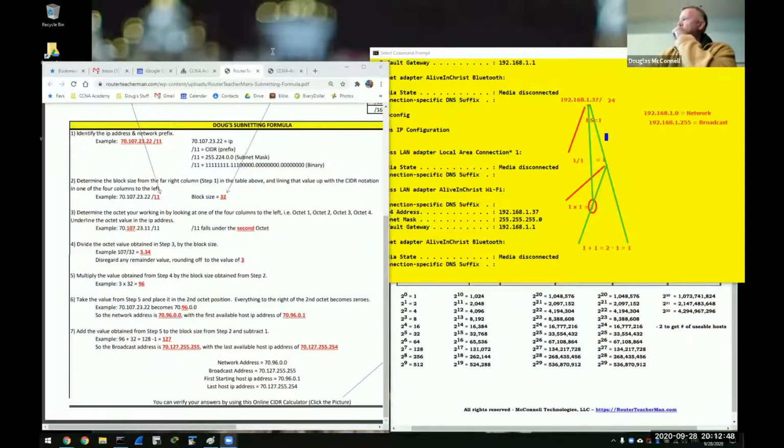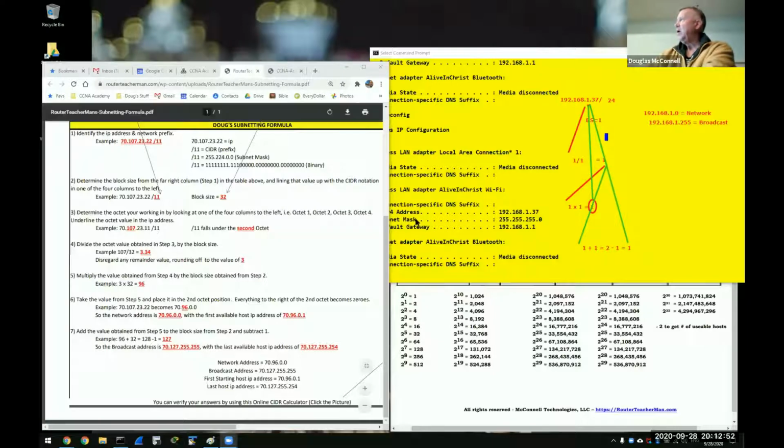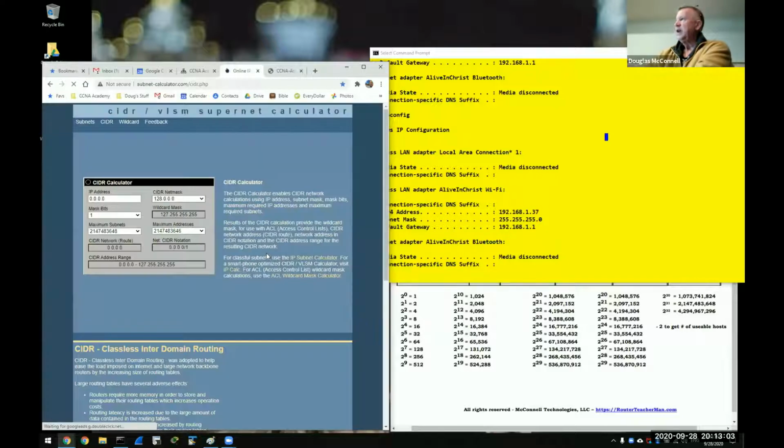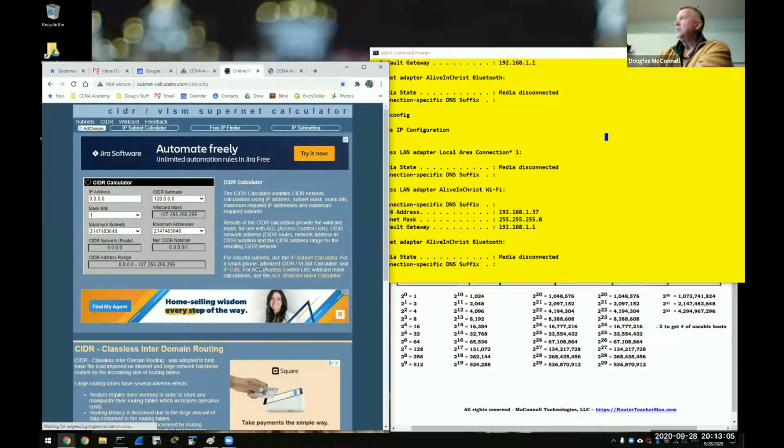Now, to check your work, because I'm not always going to be around, you can use this hyperlink in this PDF file. This will take you to the CIDR calculator.